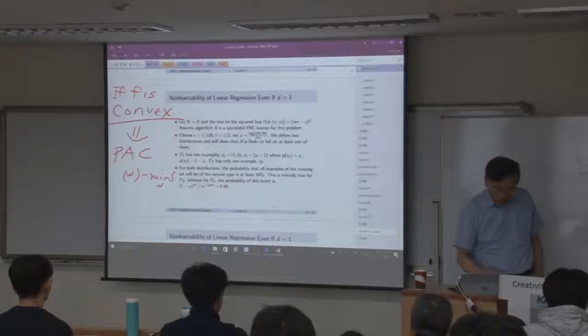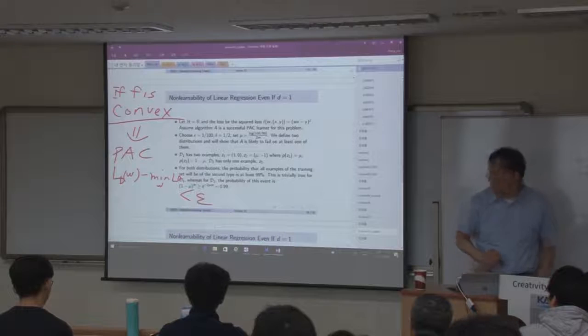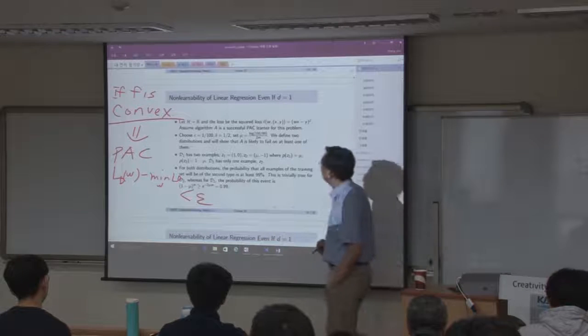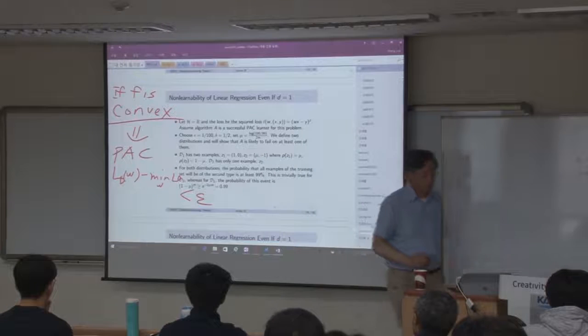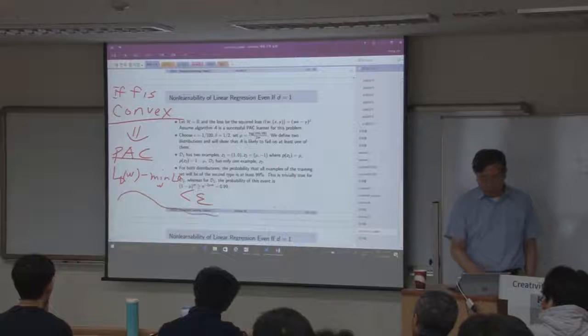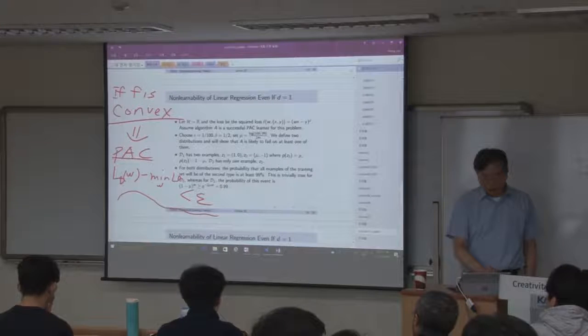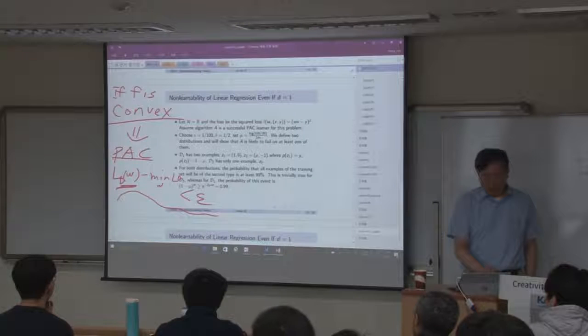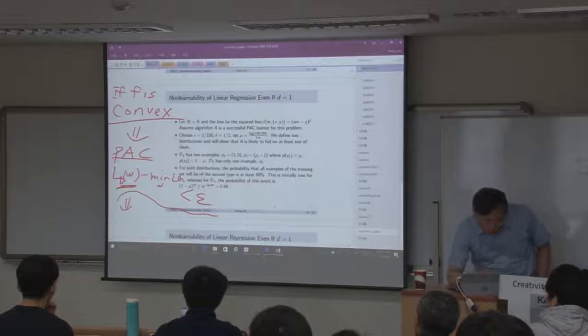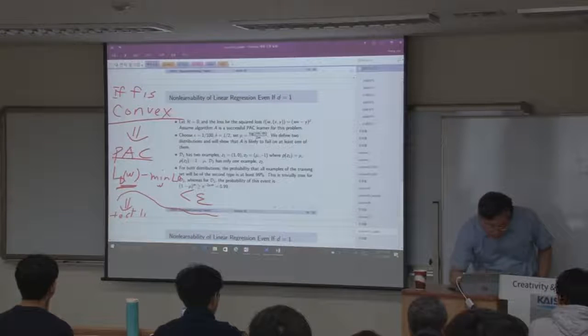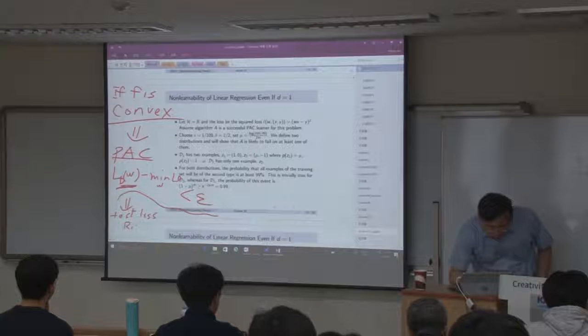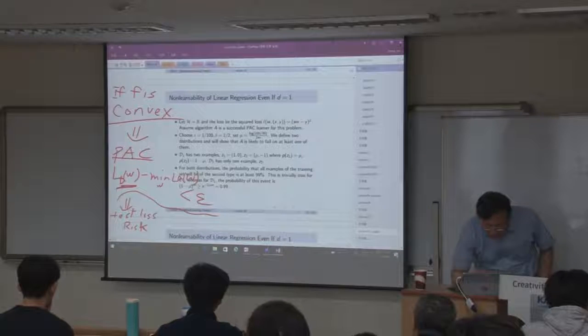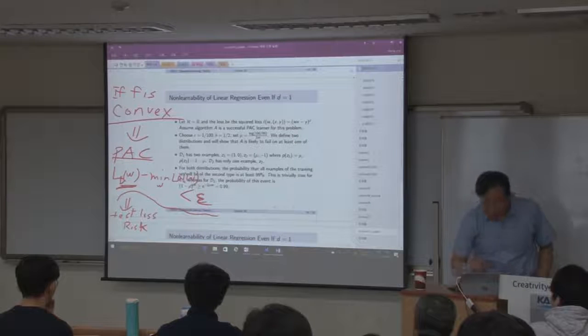The loss function, the test loss or the risk, let's just call it, for all W in the hypothesis space that minimizes it, has to be within epsilon.